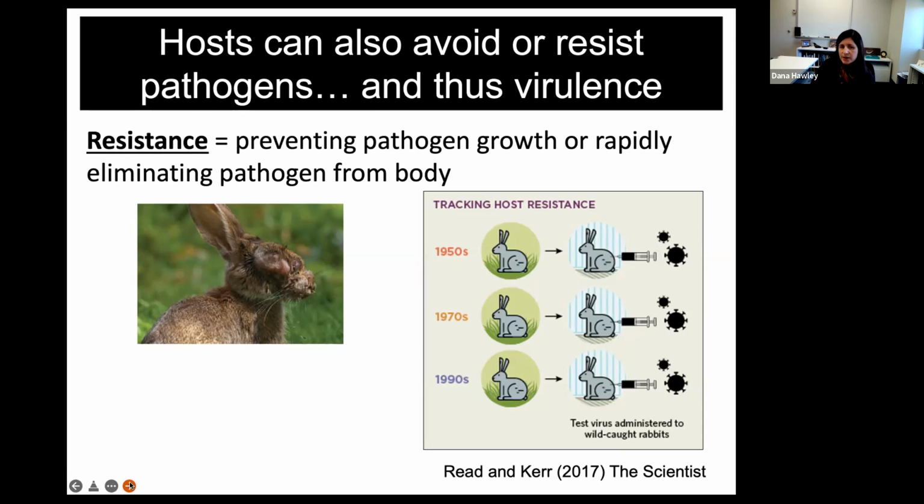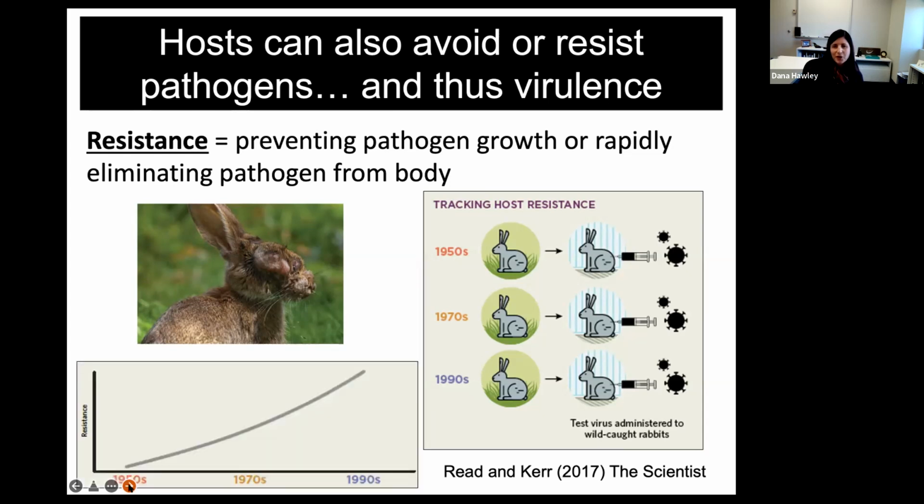And as context, there are several examples of resistance evolving very rapidly, because we know that hosts, of course, want to minimize those fitness impacts of infection. One of the most notable examples comes from Australian rabbits, where myxoma virus was introduced in the 50s, and within several decades, the rabbits there have evolved high degrees of resistance to this virus.